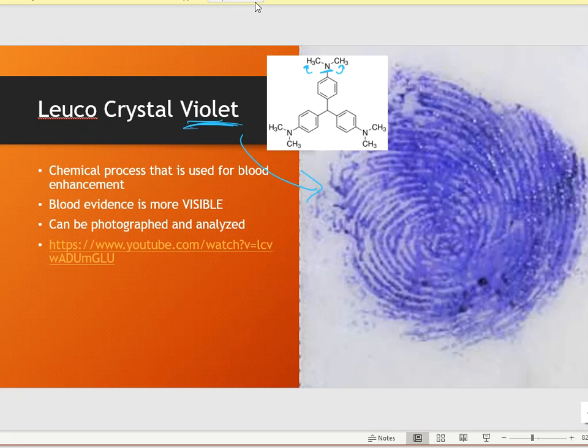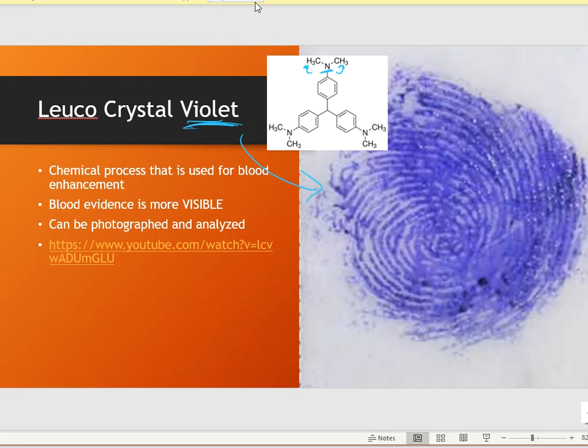All right, so that's really all that I need to say about blood identification. A handful of different ways for us to look at a piece of evidence or a crime scene and determine if something red is actually blood or not.